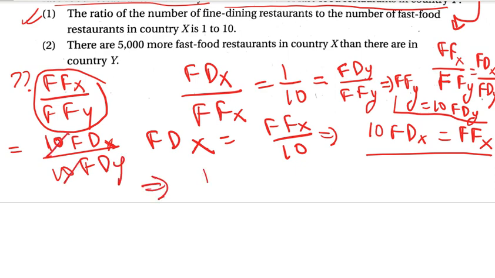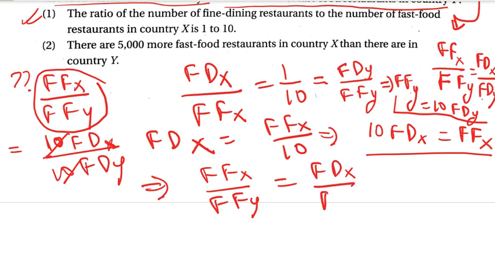That implies FF of X by FF of Y is equal to FD of X by FD of Y. Is it sufficient? No, not at all. We are not finding anything. These two values are not getting removed, so statement 1 is not sufficient.